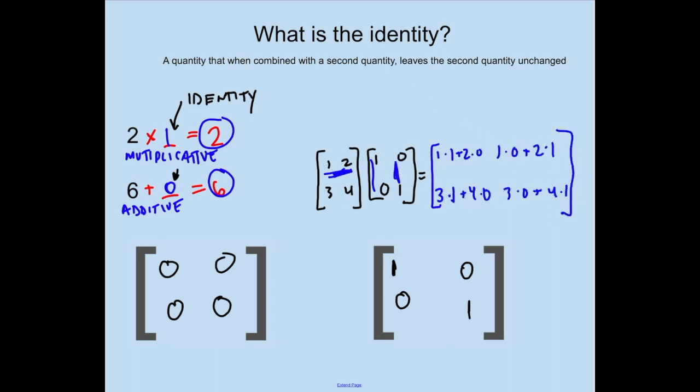Now if you notice, what will we end up with? Oh, that's 0, so that cancels out. That cancels out. That cancels out. Look, we end up with the same thing: 1, 2, 3, 4. So this is our identity matrix for multiplication.